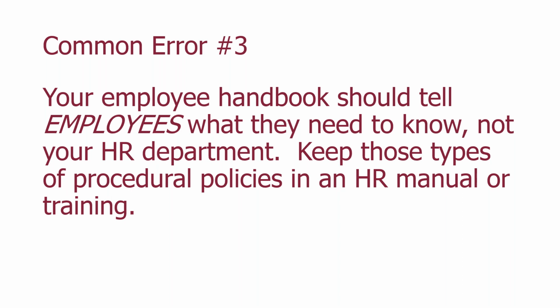If the employee handbook includes everything that an HR manager needs to know, and there's some procedure in there that is illegal or problematic, you may have just made the case for the Department of Labor to find that you have done something illegal with regard to your employees. So keep that stuff out of the employee handbook. Keep it in a procedural manual, HR manual, and just keep the handbook concise. Our handbooks are about 40 pages long. Still a lot of material, but just for reference, ours are about 40 pages.